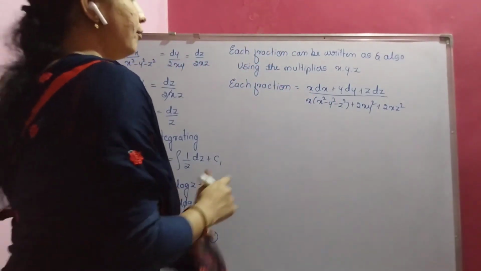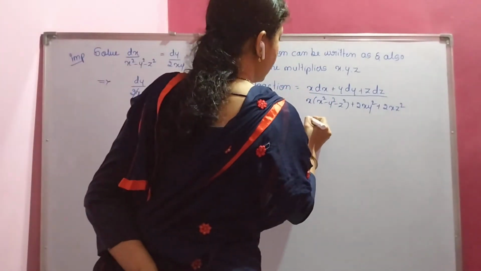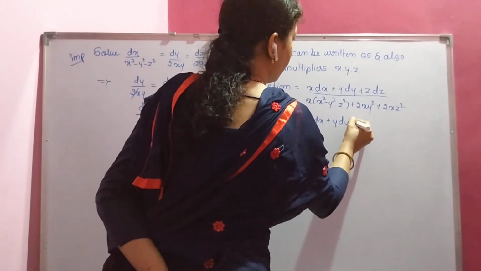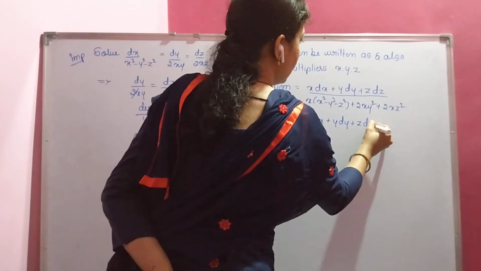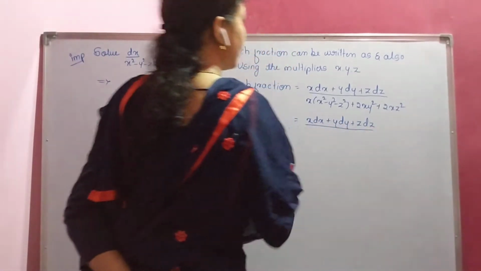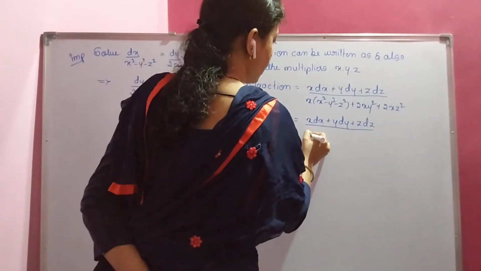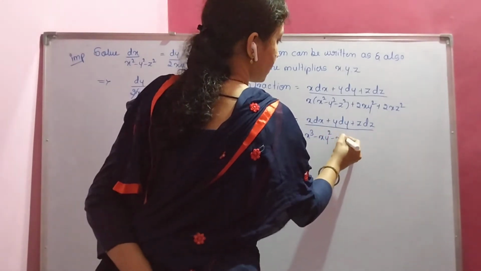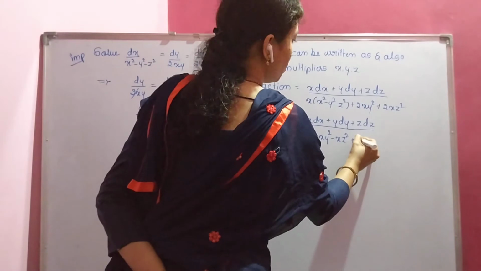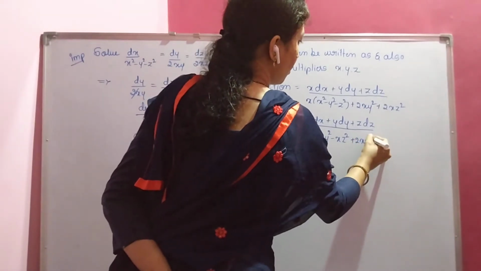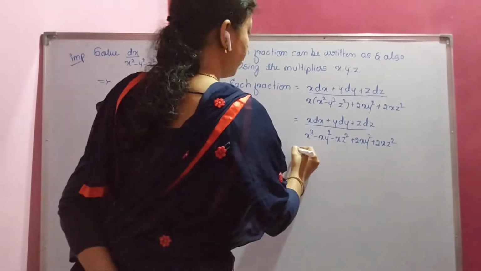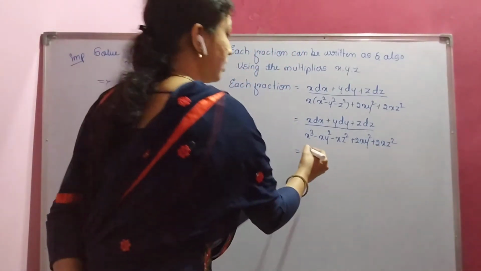Then again we write it as x dx plus y dy plus z dz whole divided by x cube minus xy square minus xz square plus 2xy square plus 2xz square.